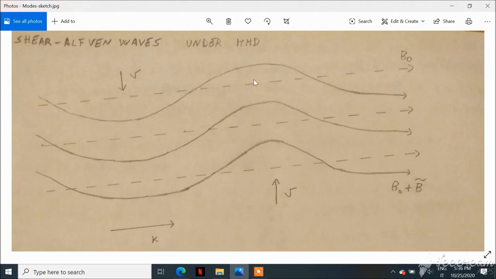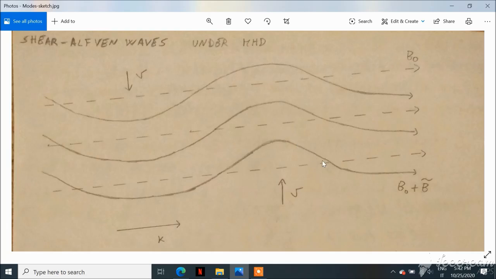These straight dashed lines are the equilibrium magnetic field, which are some parallel field lines. These wave-like shapes, so these continuous lines, are the perturbation, which is transverse because the magnetic field lines bend in the perpendicular direction with respect to the magnetic field, and they propagate in the parallel direction.